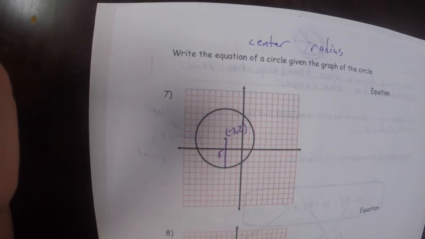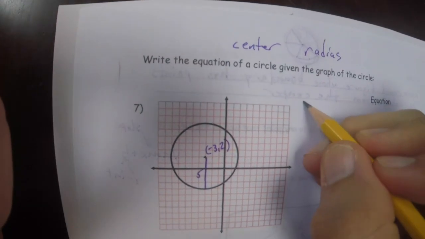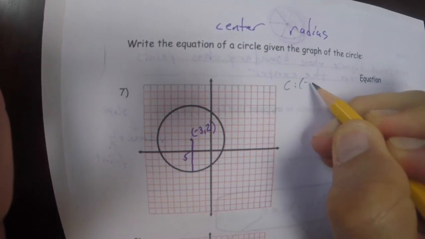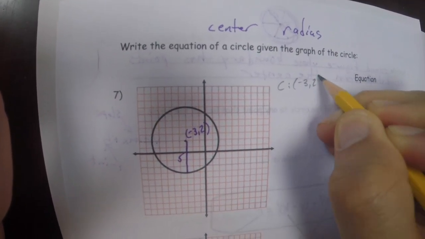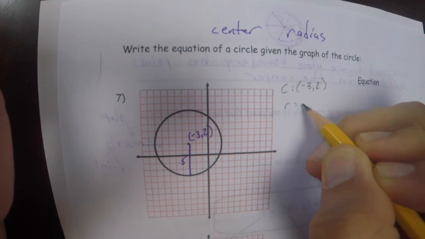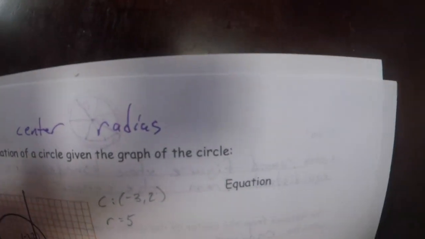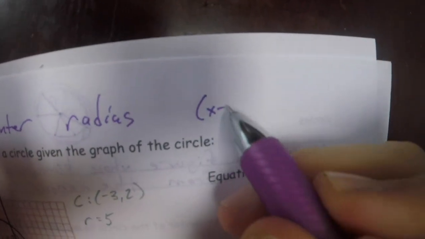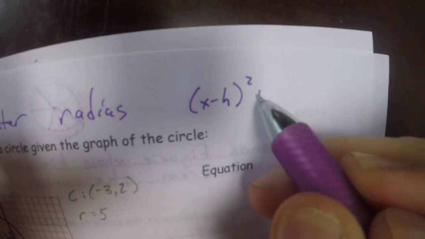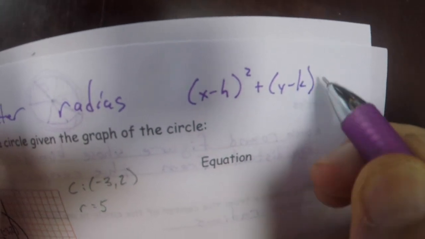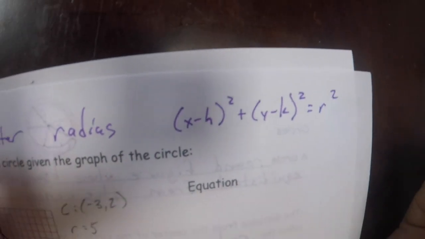Okay. So if the center is -3, 2, and my radius is 5, and I know that the equation of a circle is (x - h)² + (y - k)² = the radius squared.